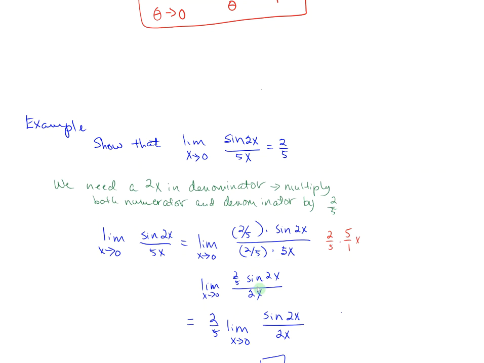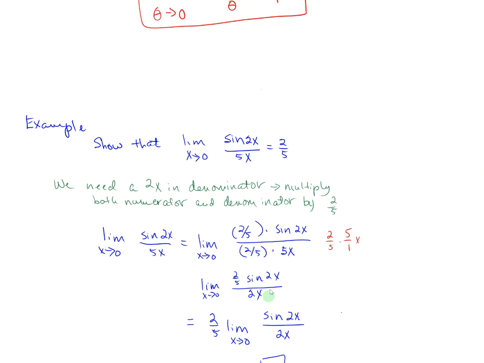And so down here on the bottom, you've got 2/5 times 5. That's just 1. So now we've got 2x on the bottom because we see the 5's cancel out and we've got 2x. So now we've got the limit as x approaches 0 of 2/5 sine 2x over 2x.